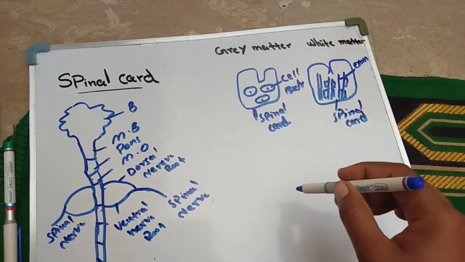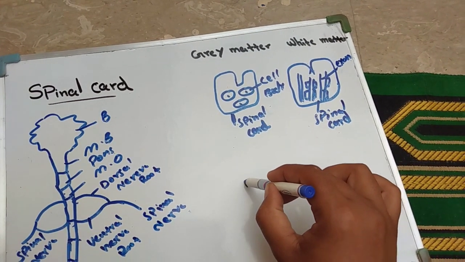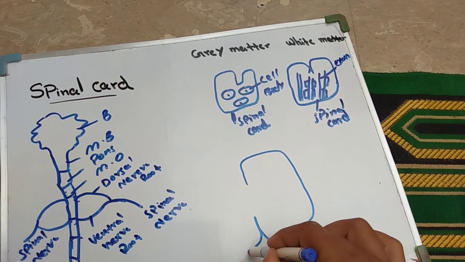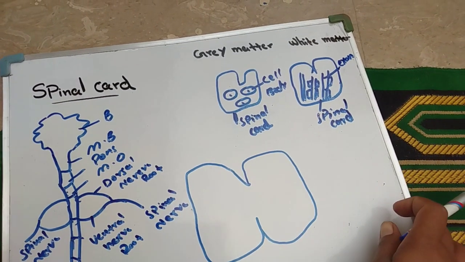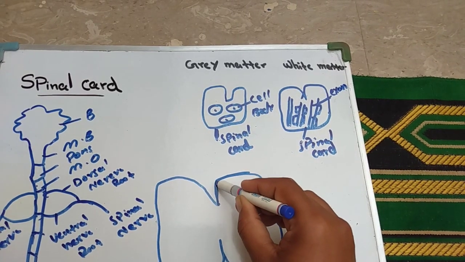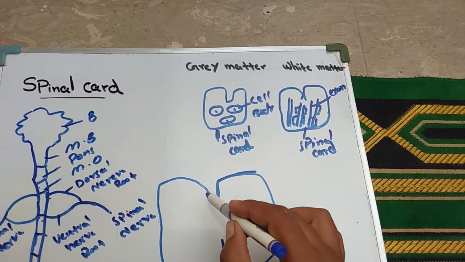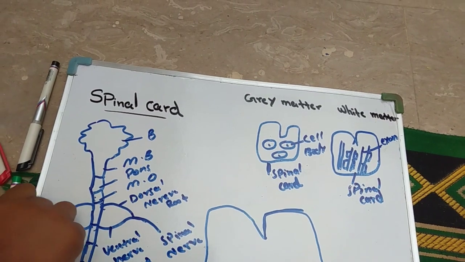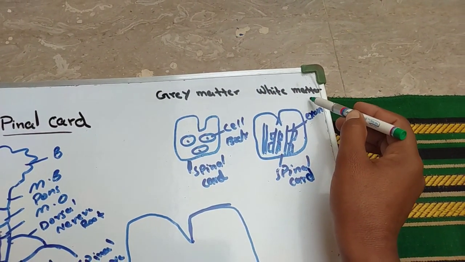Now we draw the cross section diagram of the spinal cord. Suppose this is our spinal cord, a cross section of the spinal cord. The spinal cord consists of two parts: one is the gray matter part, the other is the white matter part.